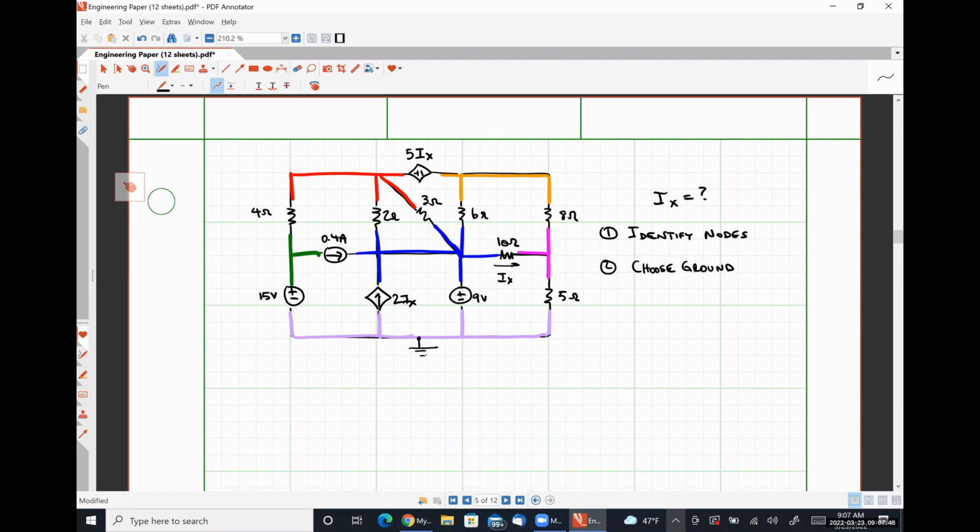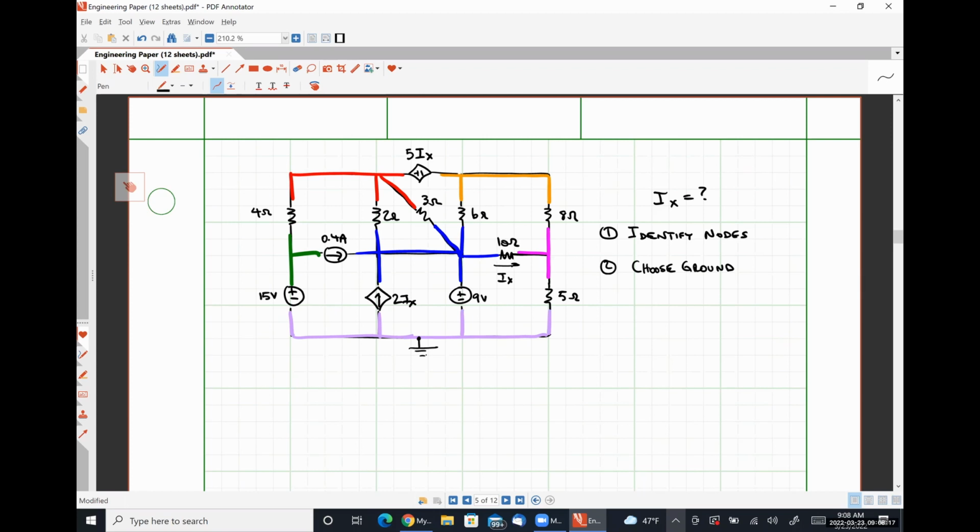And the reason for that is going to become obvious when we get to our KCL equations. So since the bottom node touches 2 voltage sources, that's why I chose that one in particular. You could work it with any node chosen as your reference. It'll just make some equations more difficult to write, but it's not anything wildly complicated.